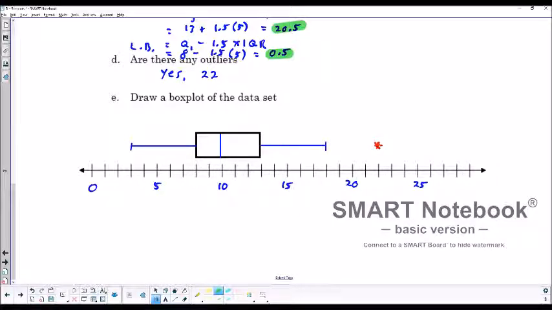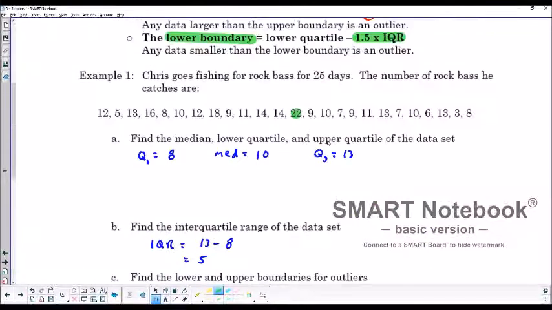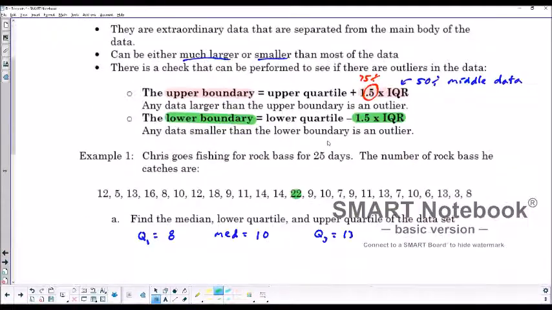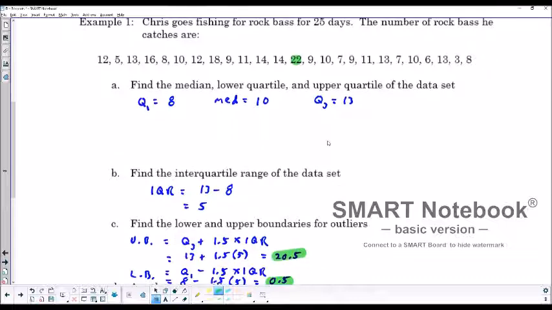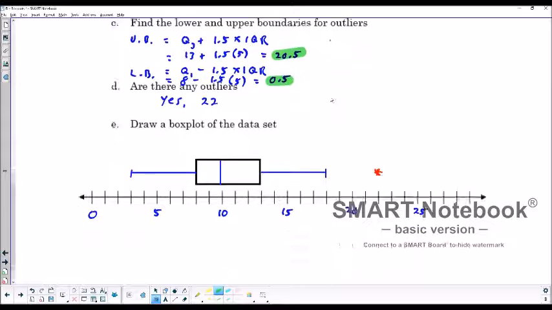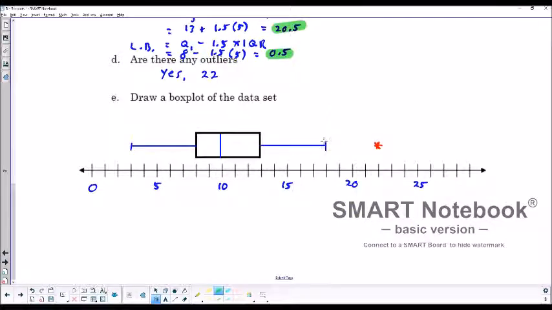So we put a little star there, a little asterisk. And then the end of the whisker is not the upper boundary, but the end of the whisker is the next largest value that's smaller than the outlier. And as we go across here, it looks like it's going to be 18. Okay, and then so 18 is the value that we have here at the end of this right whisker.